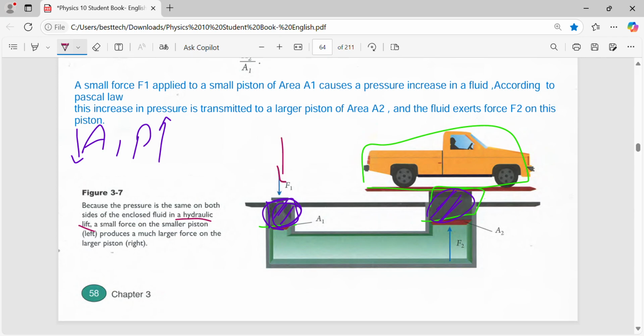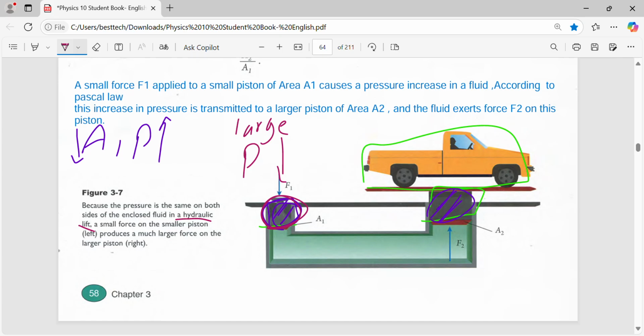To apply the force on this first piston, because the area is small, we can get a large pressure, because the relation between area and pressure is inversely proportional. A small piston gives a large pressure. So here we are producing a large pressure because we have a small area.